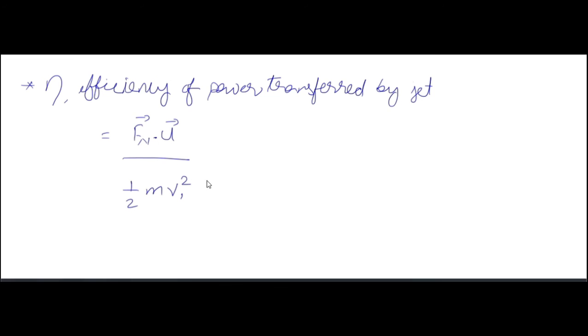Here m is not the mass flow rate, it is the total mass of the fluid, and v1 is the velocity of the fluid. So efficiency is output by input, where the input is the kinetic energy, half m v1 squared, and the output is the work done by the jet.